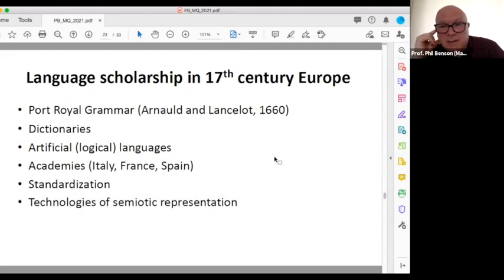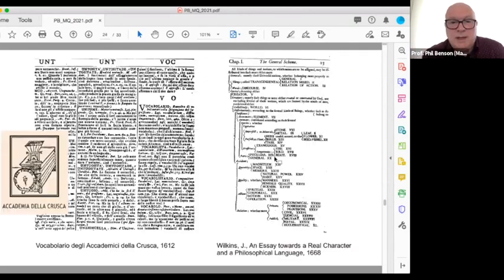This was the beginning of the period of language standardization and improvement, which goes right through to the end of the 1700s, particularly. And also the development of technologies of semiotic representation. And the next slide, I think.